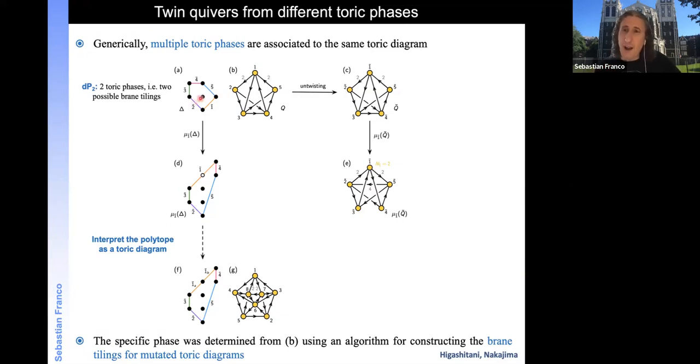They said, well, if I obtain a polytope by polytope mutation, let me come up with a prescription that starts from the dimer model of this polytope and produces the dimer model of the mutated polytope. That procedure starts from this particular phase, and I tell this procedure I'm going to mutate on 6-1 and it produces a very specific toric phase for this one. Okay, so they are correlated by this algorithm. Okay.